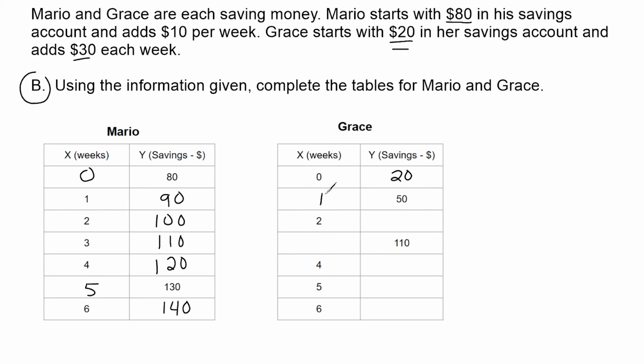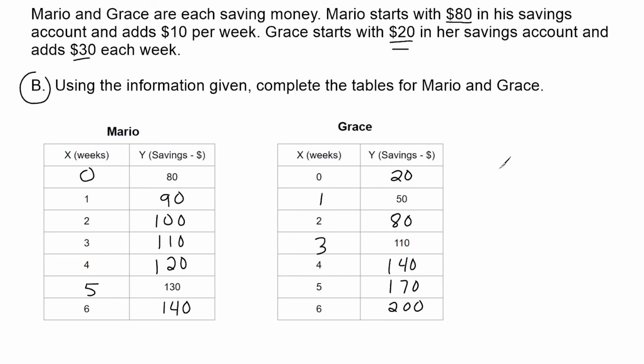So 1 week later, Grace adds $30 more to her savings account. A second week later, we have to add another 30, which is 80. Another $30 would be 110, so this must be 3 weeks later. A fourth week later, Grace would have 140, and then 170, and then 200.